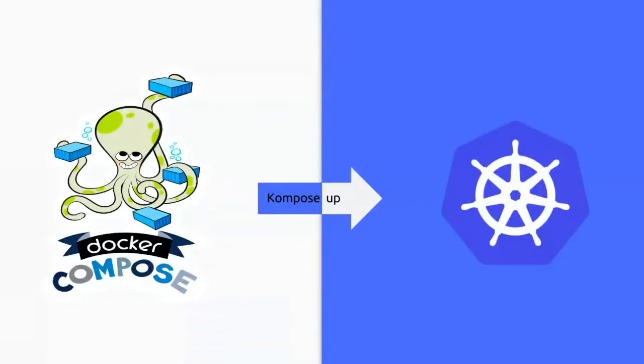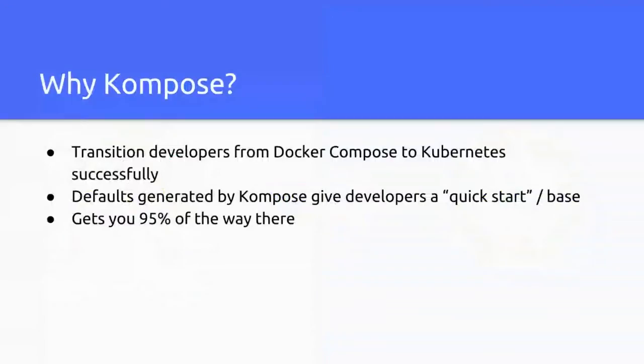Last year we started thinking of this, and we joined Bitnami on this project. What Kompose does is it takes your Docker Compose file and onboards you on Kubernetes from the very first day. So here's the why for Kompose.